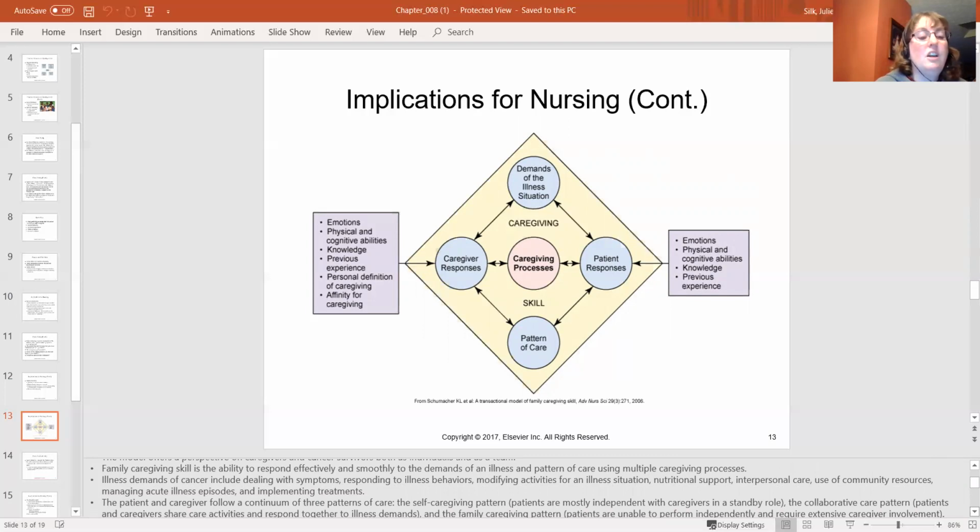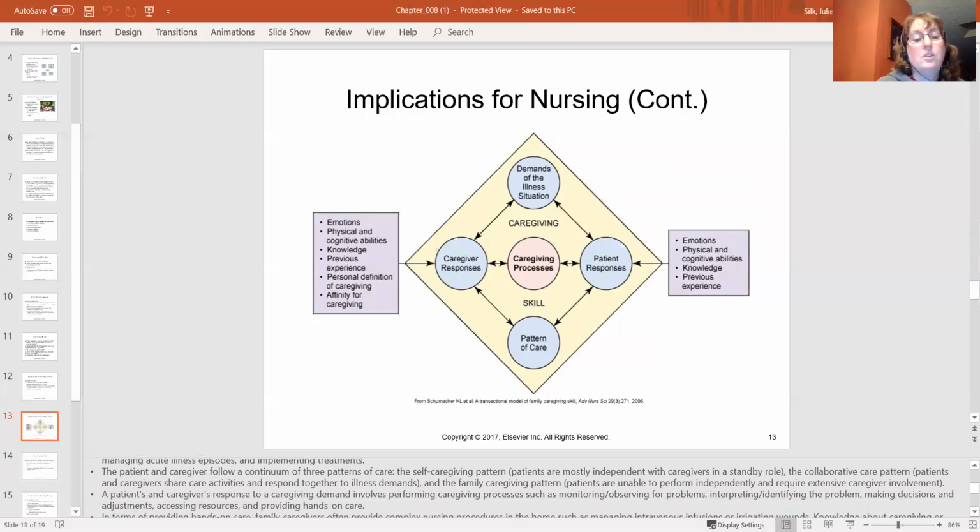The patient and caregiver follow a continuum of 3 patterns of care. The self-caregiving pattern, where patients are most independent with caregivers in a standby role. The collaborative care pattern, where patients and caregivers share care activities and respond together to illness demands.